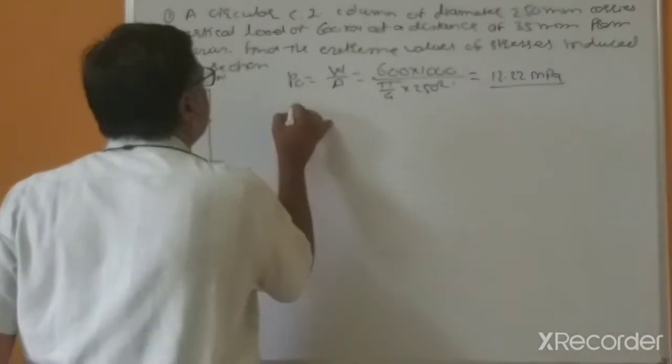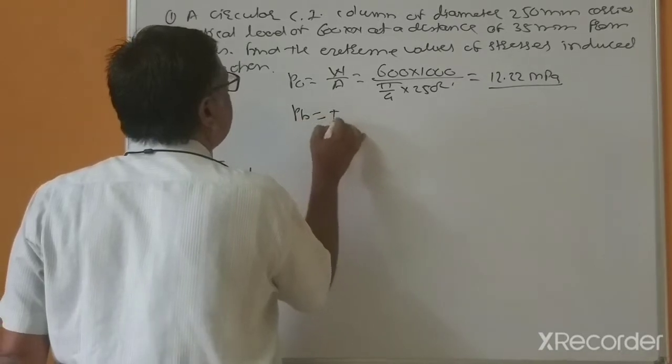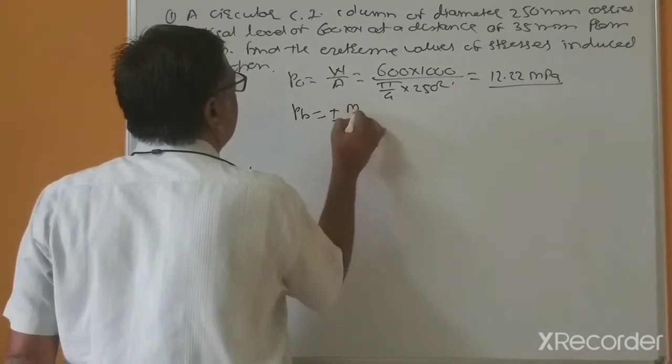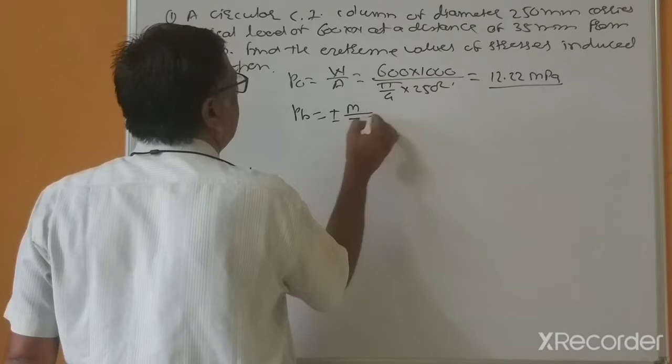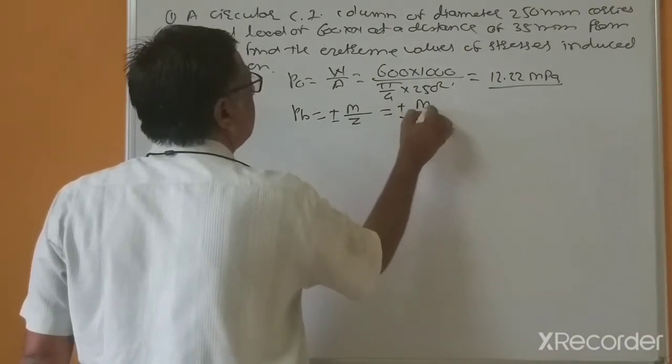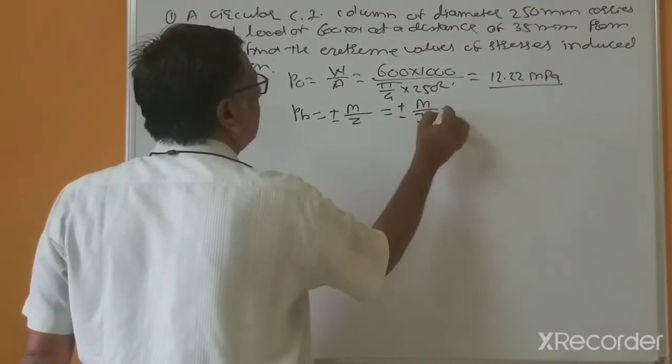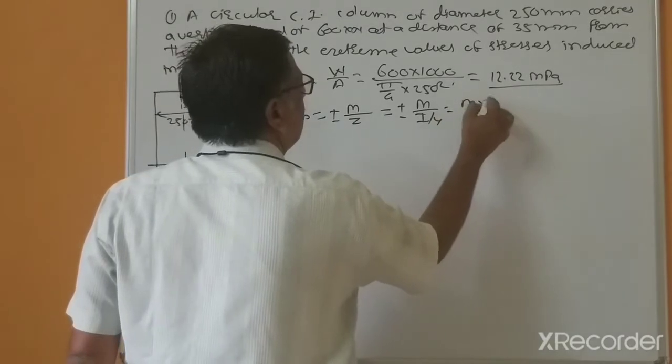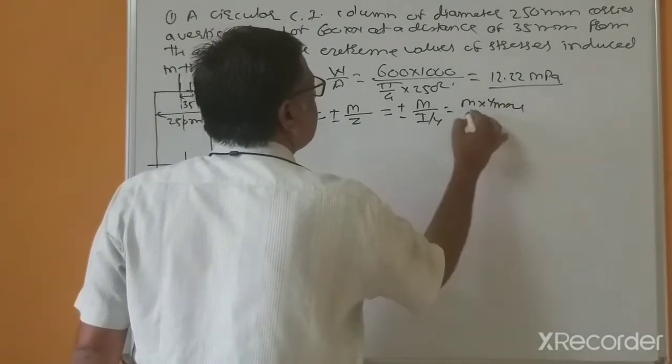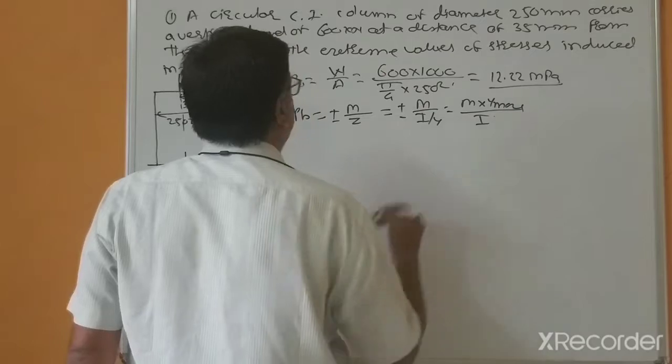Now the bending stress sigma b equals plus or minus M divided by section modulus, or M into y max divided by I.